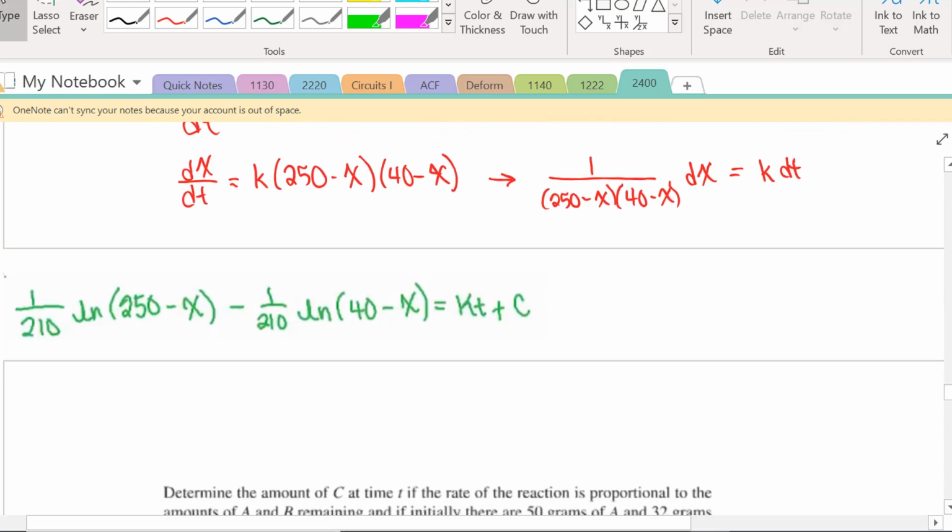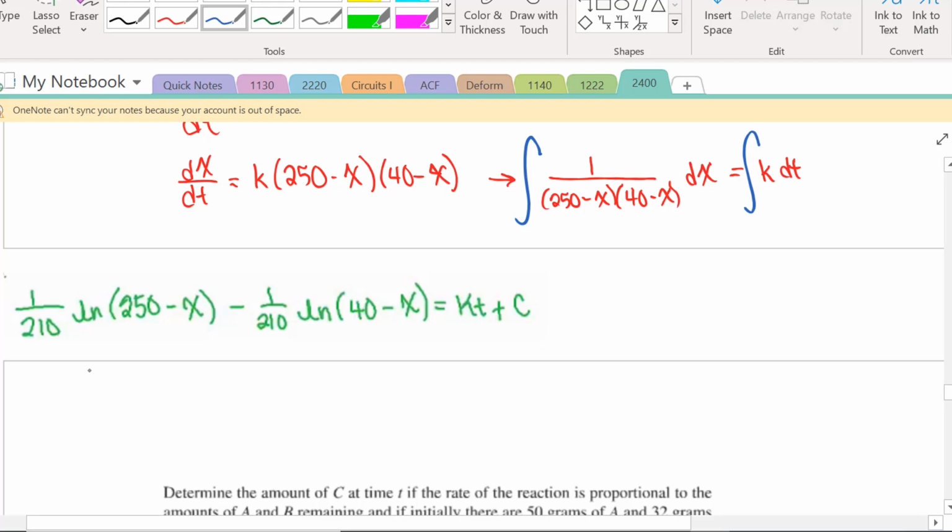Okay, so I just mentioned that we're going to have to do partial fractions with this. Because I've separated the variables, I'm ready to integrate on both sides. The right-hand side is fine. It's going to be kt plus c. It's the left-hand side where we have to do partial fractions.